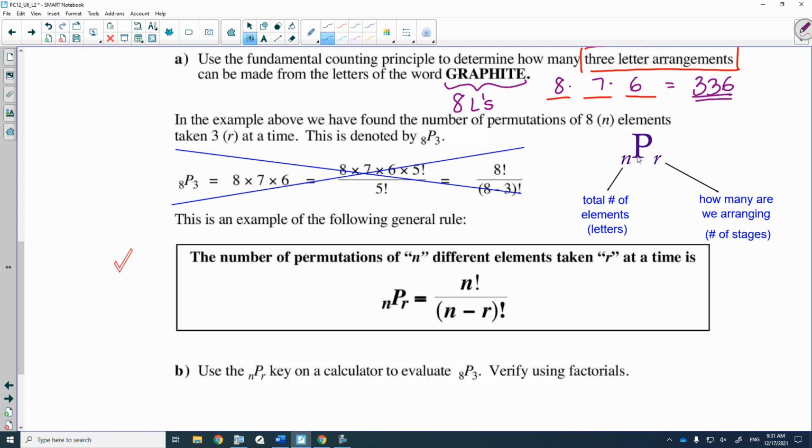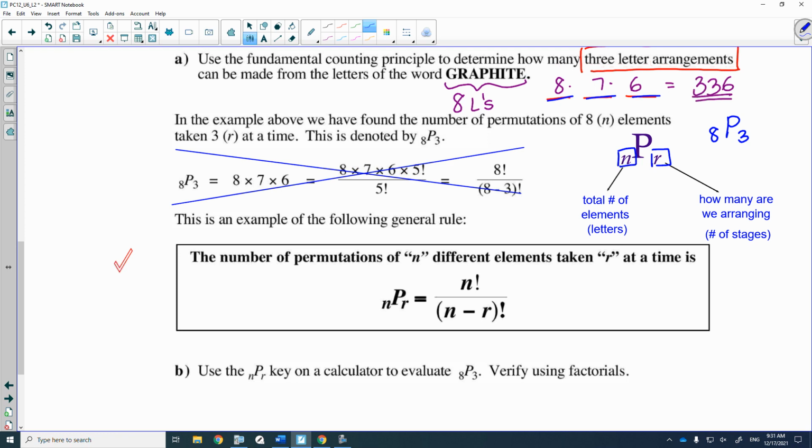How many we're permuting, n permute r. R is how many are we going to permute or arrange. That's going to be the number of stages. So this example here would be, there were 8 letters given, and we're going to permute 3 of them, right? We had 3 different stages.